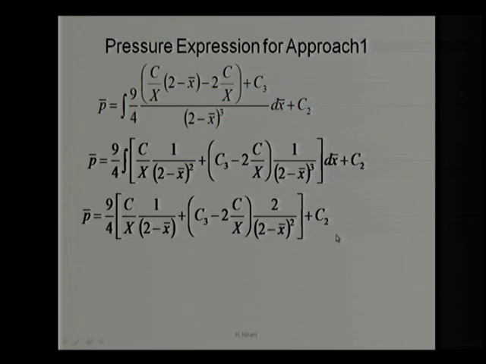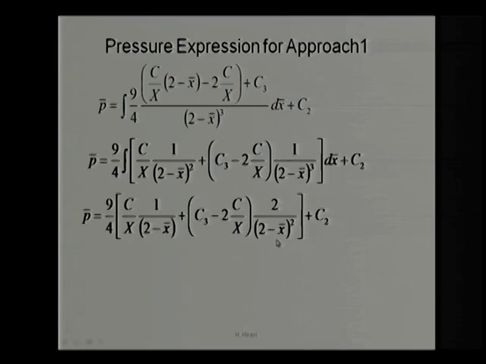Now, we have this expression in terms of two constants, C3 and C2. Simply, we can find out what will be the pressure distribution if I say x bar equal to 0. We know the non-dimensional pressure will be 0. Similarly, we can substitute another condition: when x bar is equal to 1, then again the pressure will be 0.